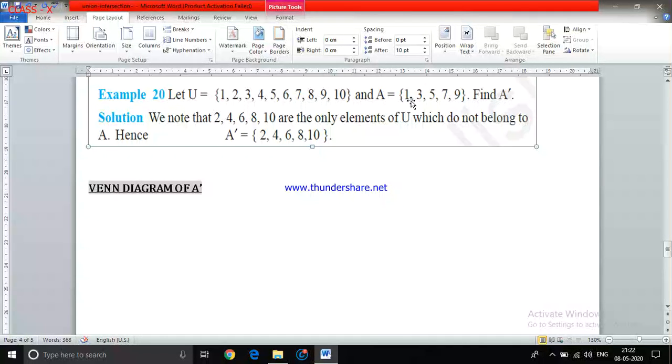And A is another set, 1, 3, 5, 7, 9, all the odd numbers. A is another set consisting of odd numbers.